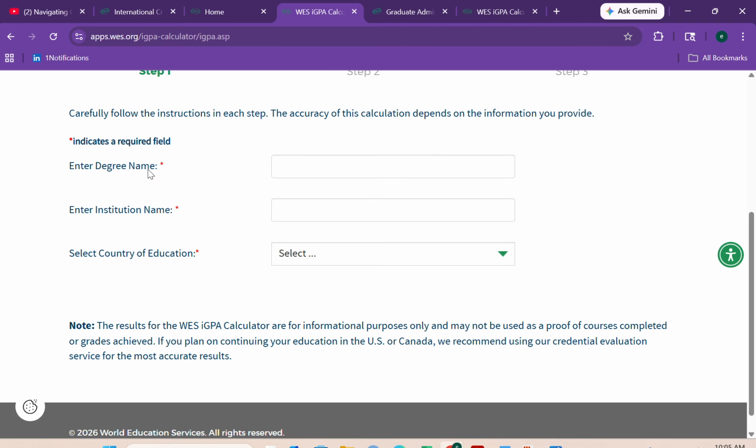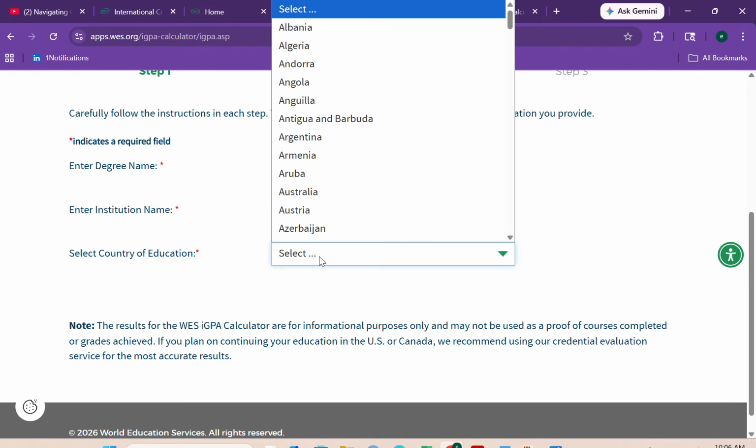First, enter the degree name. Let's say I have agric engineering, I'll just enter it. Enter the institution name. Let's say I attended the University of, let's say, London. I'll enter it. Select the country of education.